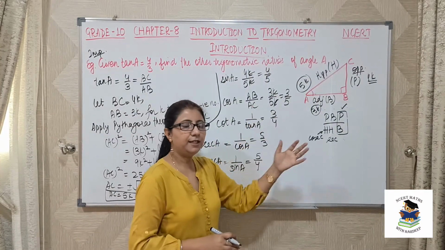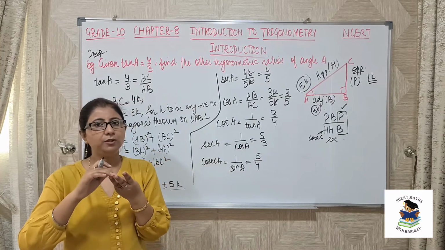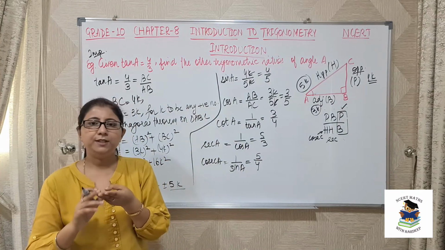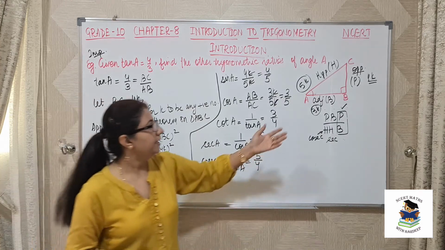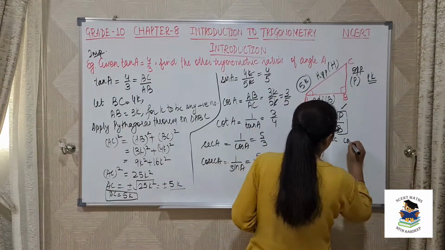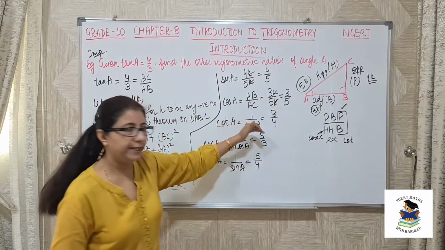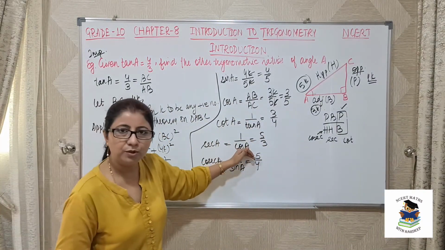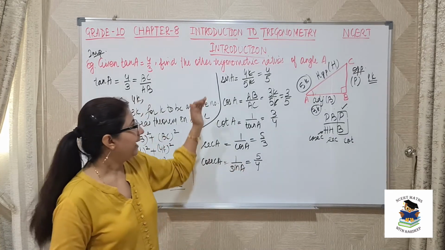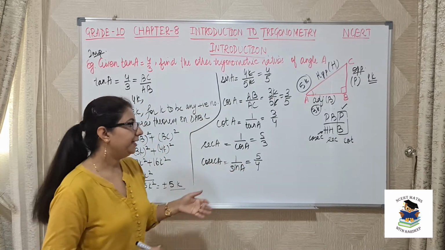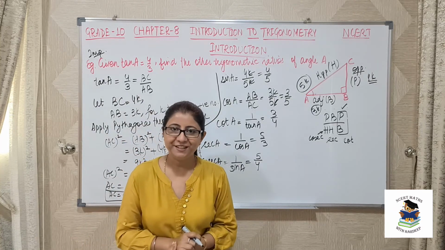Basically you should find 3 values, that is sine, cos and tan. Once you have these values, just take the reciprocal to find the remaining ratios. That is, cotangent is always the reciprocal of tangent, secant is the reciprocal of cos, and cosecant is the reciprocal of sine. And after putting the values, we can find the values of our given ratios.